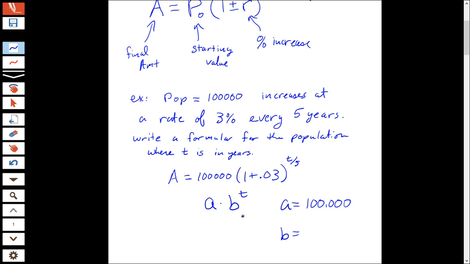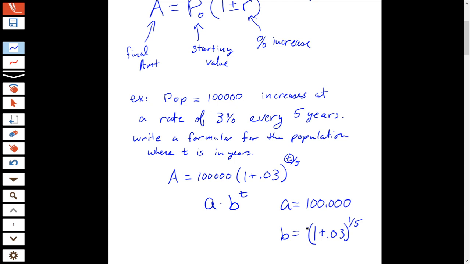For b, because they just want to have the exponent t up top, we can actually turn b into 1 plus 0.03 to the 1/5 power. All right? Evaluating that in your calculator would give you a base that you could use.